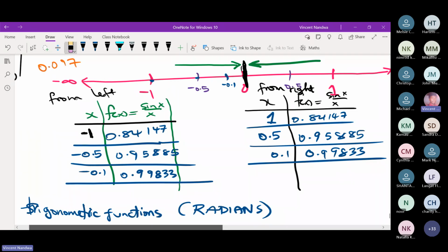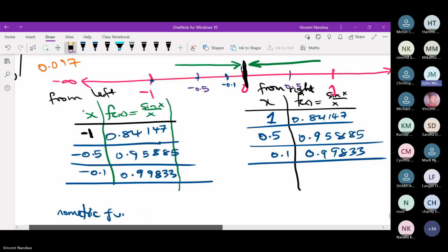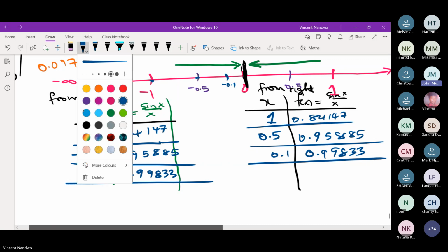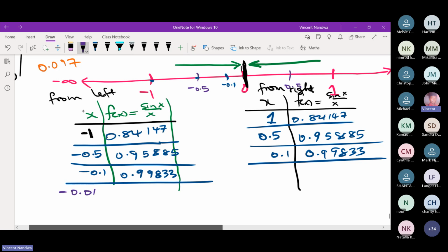Now I want us to be even closer and closer to 0, moving from -0.1 to -0.01.